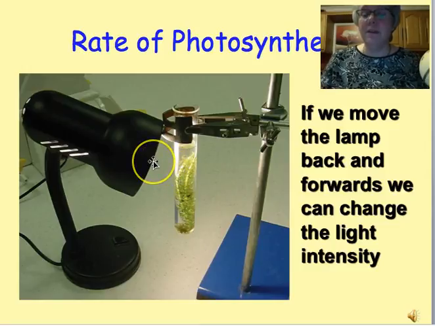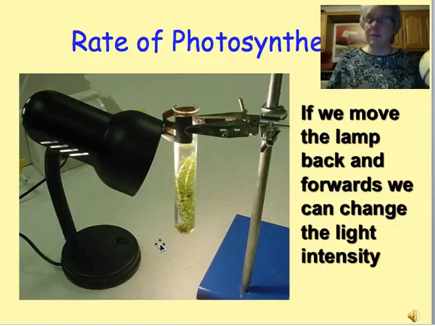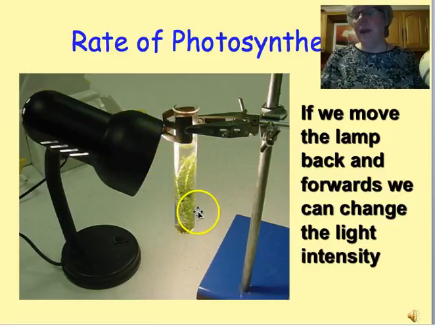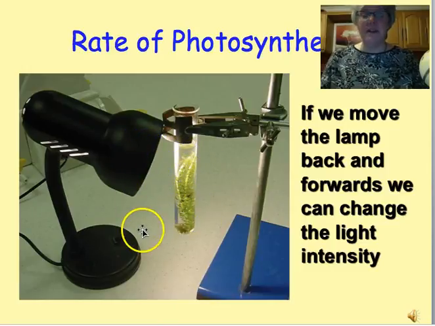But the problem is here we've got a lamp that's quite near to the plant, and so that could be giving off some heat as well and may affect the results. And sometimes in exam questions it might ask you about that. And you can solve that by just putting maybe a glass screen up here between the lamp and the plant, and that prevents the heat affecting the results.